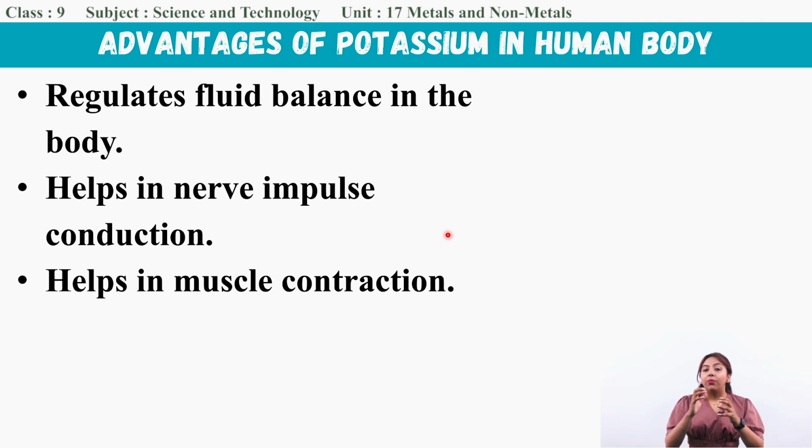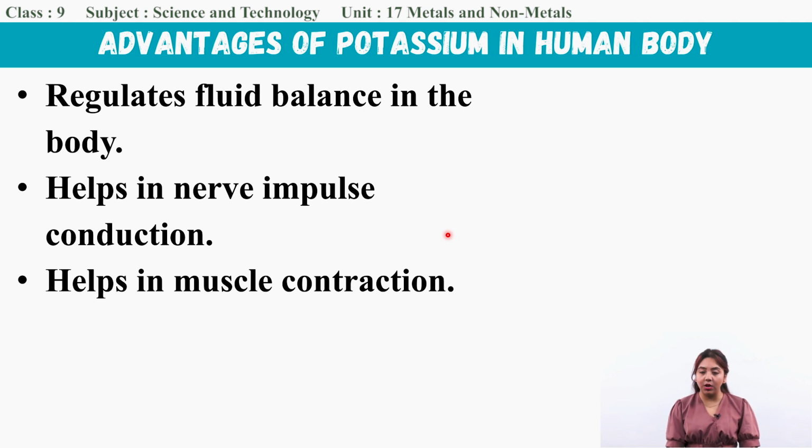Potassium and sodium work together to perform these three functions, because sodium also regulates fluid balance alongside potassium. Sodium and potassium together help in nerve impulse conduction and also in muscle contraction.